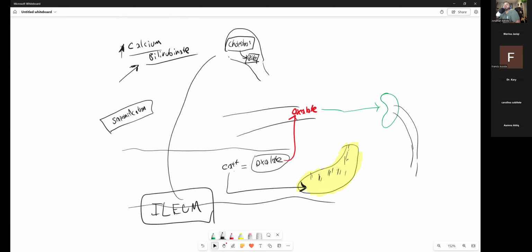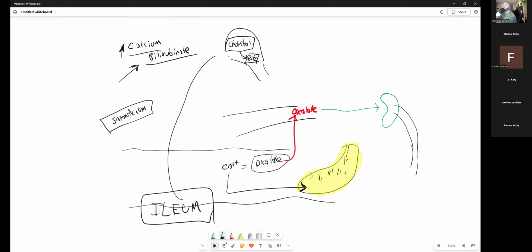Crohn's is associated not with pigment stones, but with two things: calcium oxalate stones and cholesterol stones. Calcium oxalate in the kidneys and cholesterol stones at the level of the gallbladder. Those are the two.